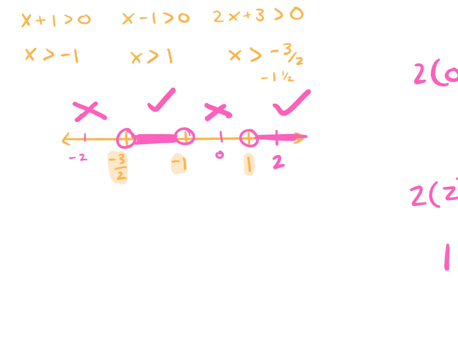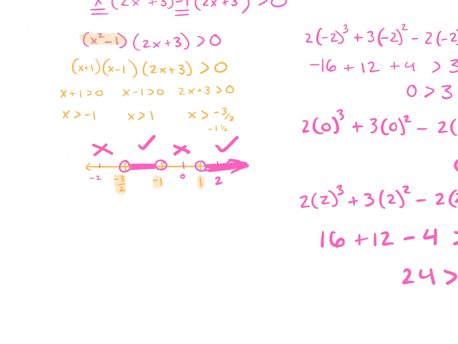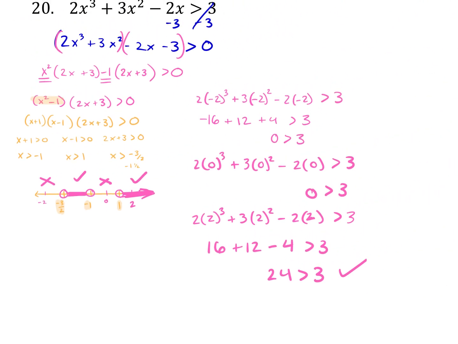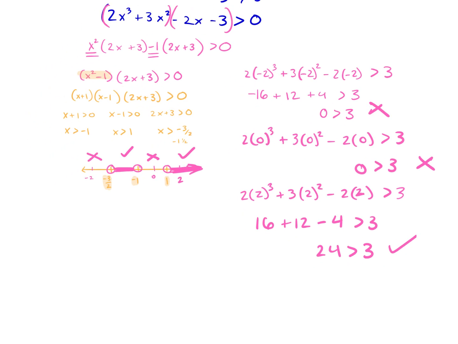And we're also going to shade over here to infinity. 2 worked, yeah. So that's why I'm shading over here. You shade where it works. That's probably like if you plug in -2 and it works. Right? -2 didn't work. So I plugged in -2 first. It didn't work. Same with 0, did not work.